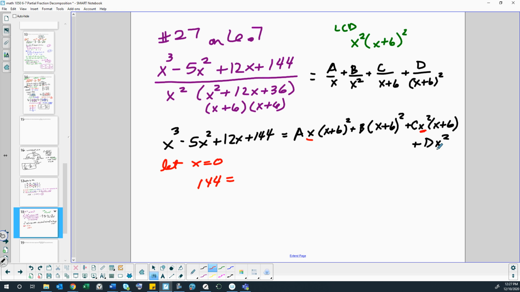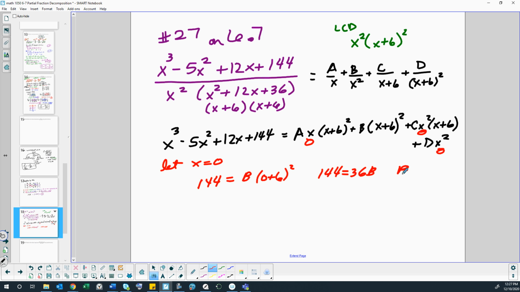C will cancel because of this 0 there. D will cancel because of the 0 there. So 0 here, 0 here, 0 here. So all we will have left is b times 0 plus 6 squared. So 144 equals 36b.